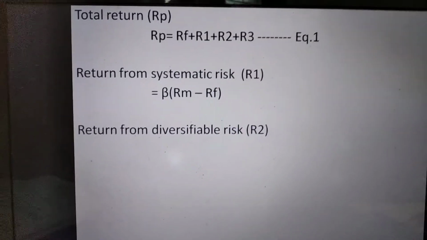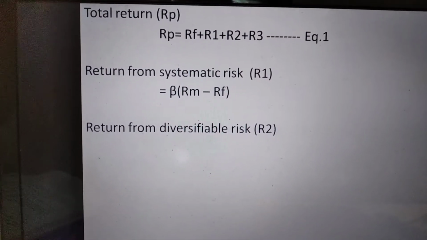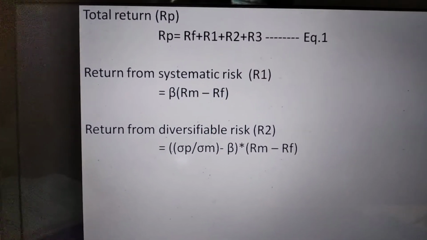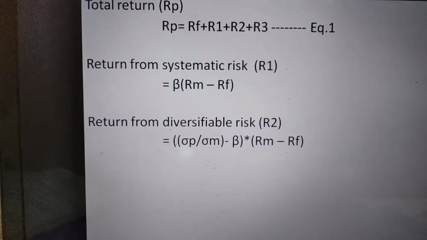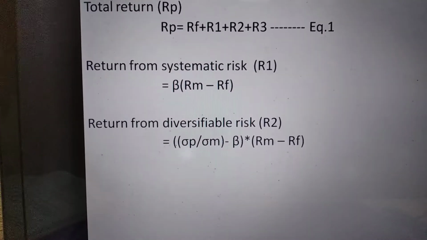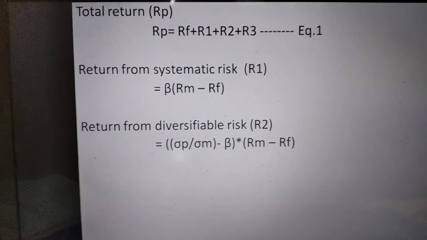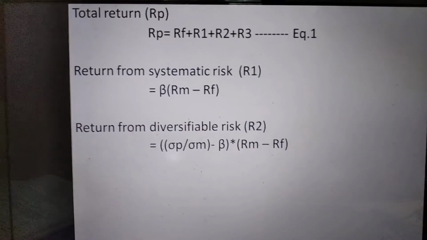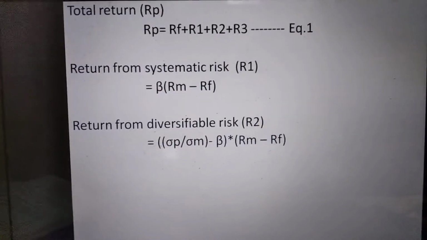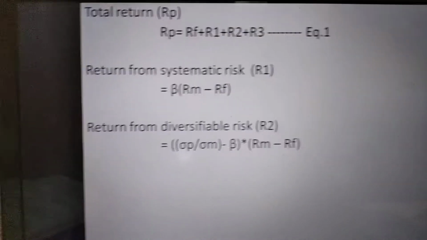The return from diversifiable risk, R2, is the standard deviation of the portfolio divided by the standard deviation of the market, minus beta of the portfolio, times RM minus RF, that is the return from the market minus the risk-free rate of return.